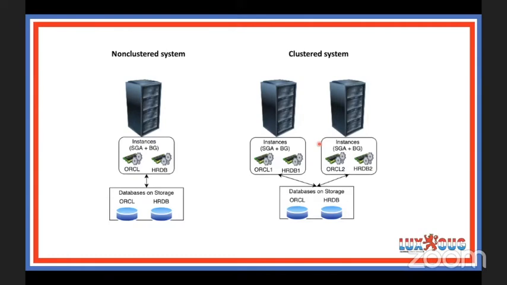They have a shared storage where the database files are located, and when database starts, first instance is started on the first node and second instance is started on the second node. For ORCL database, we have two instances here, as you see on the picture, ORCL1 and ORCL2. This was the simple illustration.